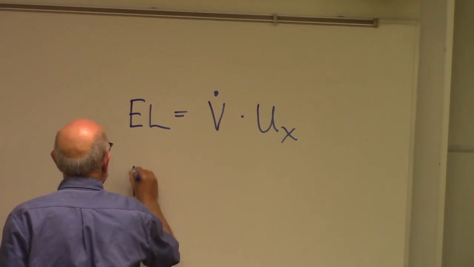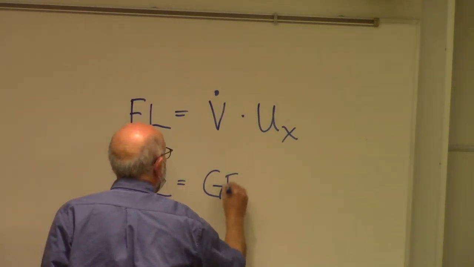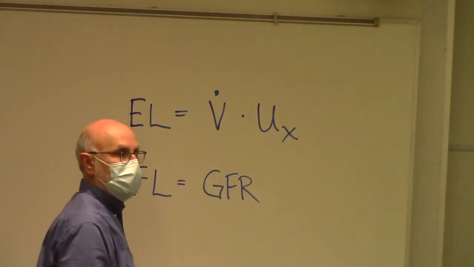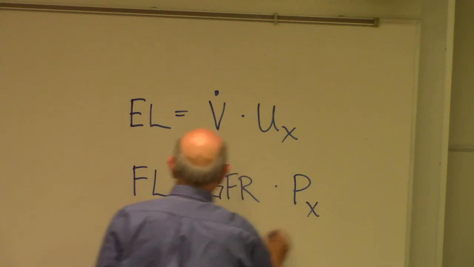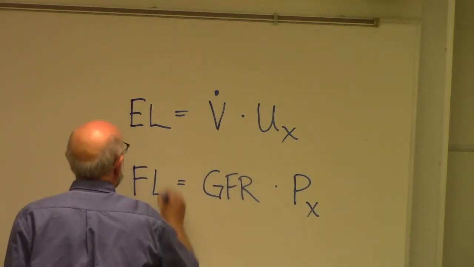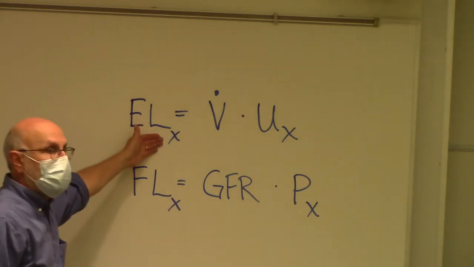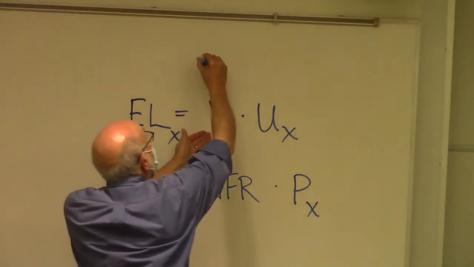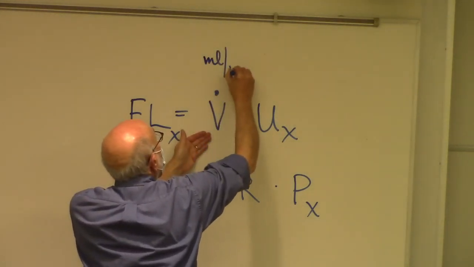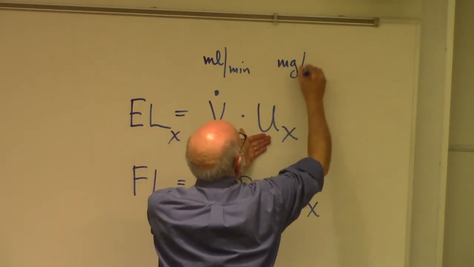The filtered load is the glomerular filtration rate times the plasma concentration. So those are equations to know. Remember, the excreted load of a substance is the volume per minute, in mils per minute, times, let's just say, milligrams per mil.